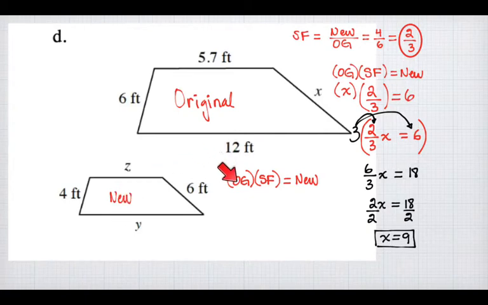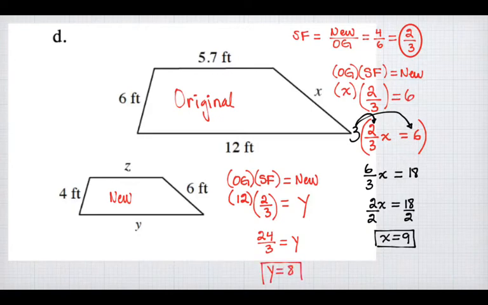So 12 must go here. So we got 12 times our scale factor, which is 2/3, equals our new side, which is y. So now let's multiply. What's 12 times 2? 24. So I'm going to get 24 over 3 equals y. What's 24 divided by 3? So y equals 8. And we're done with that side.